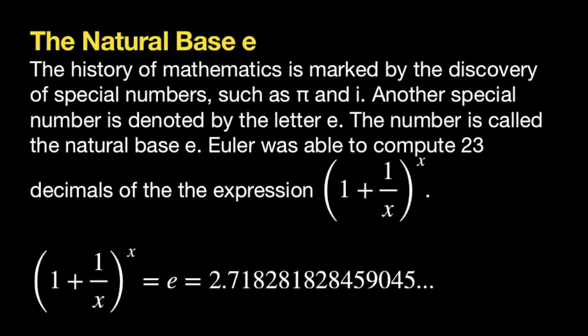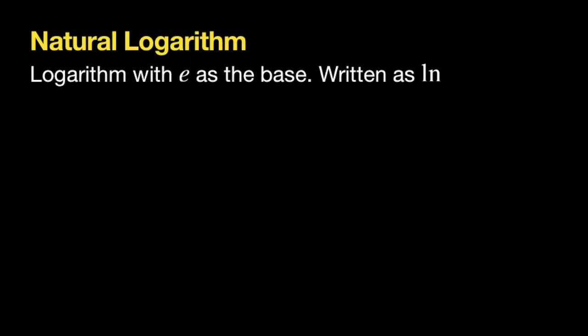Euler used a formula for compound interest to identify this number, and he was able to compute it to 23 decimals using the expression 1 plus 1 over x to the x power. Keep in mind that he did that without using a calculator. Now, logarithms with the base e are going to be written as ln, so that just means natural log.